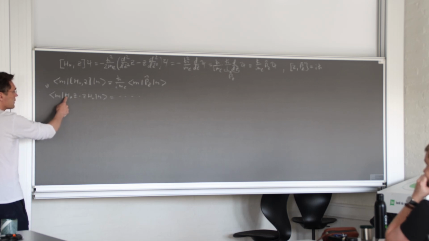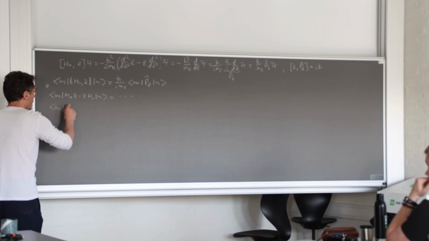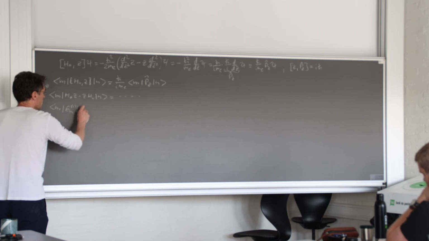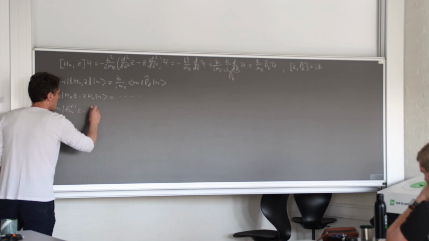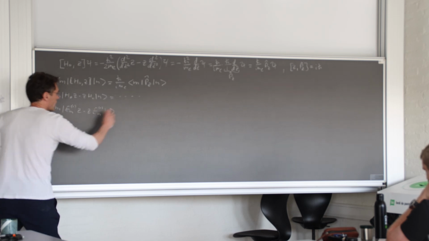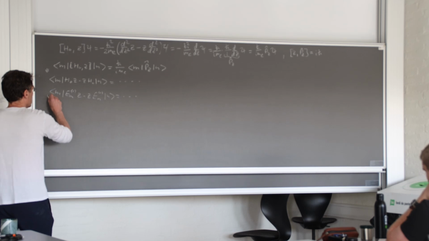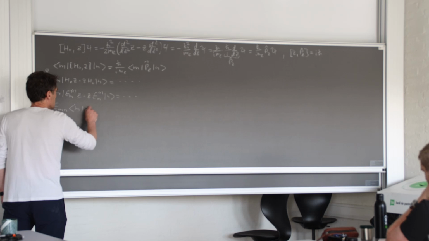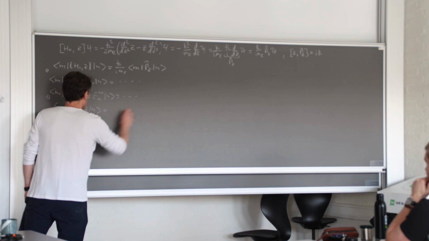When it acts here, it gives me an Em0, and when it acts here to the right, it gives me an En0. Still equal to all that stuff. So these can just go out. So I get an Emn times m z n, that's all that's left, equals all that stuff.